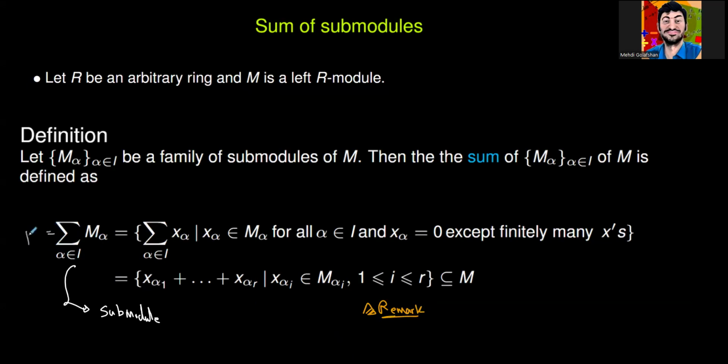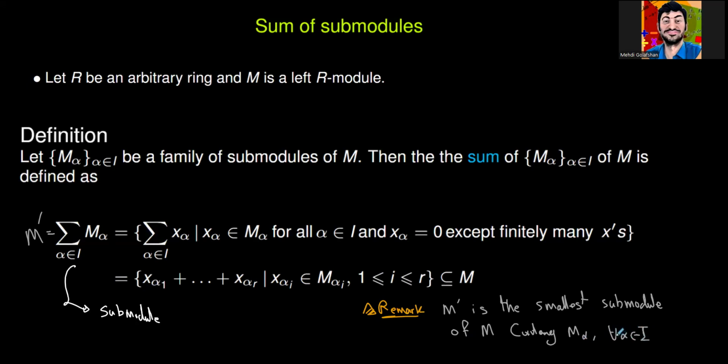Let's call this M prime. M prime is the smallest submodule of M containing M alpha for all alpha belonging to the index set.